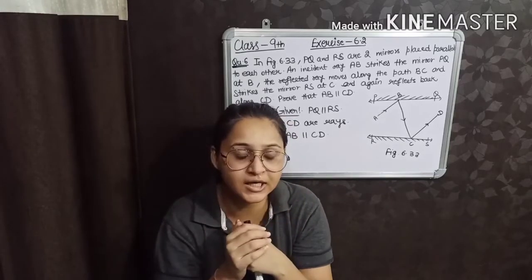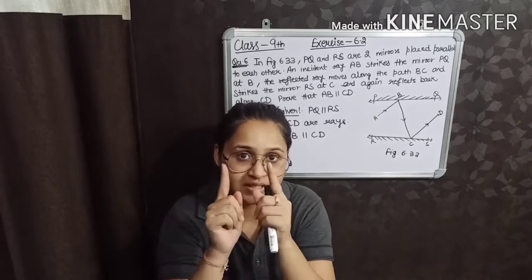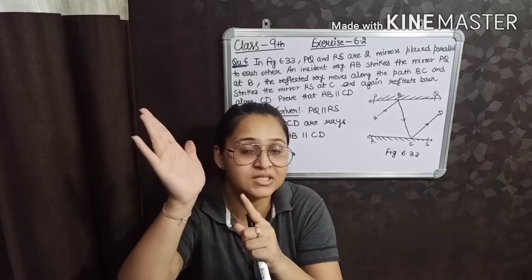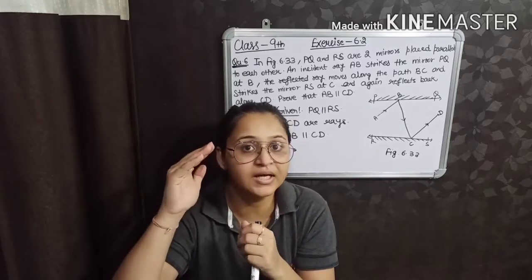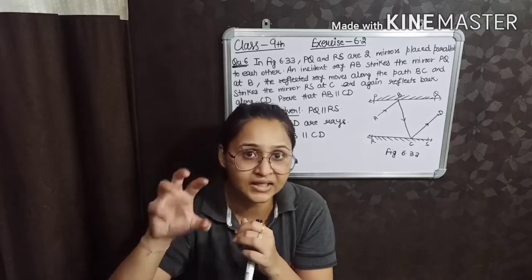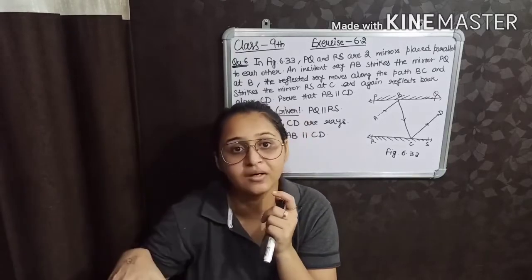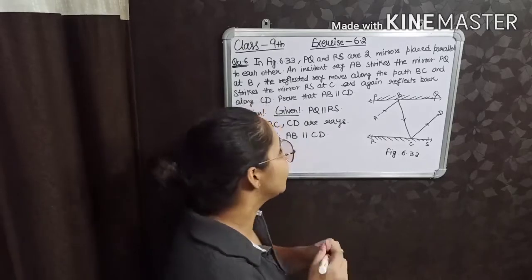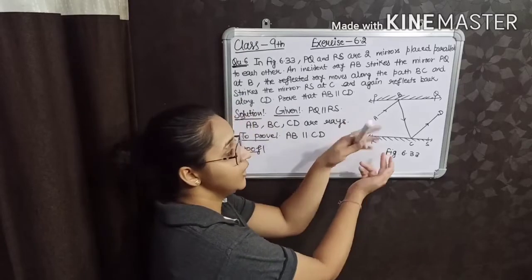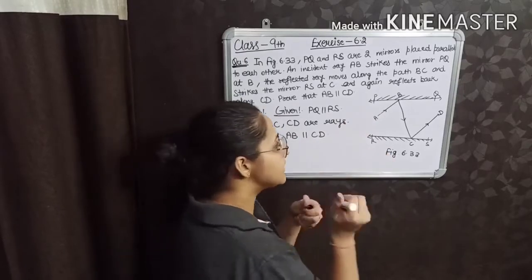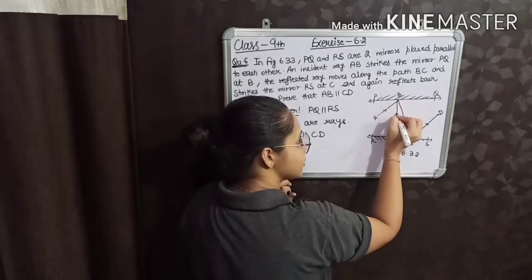The incident angle is made when an incident ray strikes the mirror, and the reflected angle is made when the reflected ray comes back from the mirror. So we can apply the laws of reflection in this figure. How? Let's do some construction.